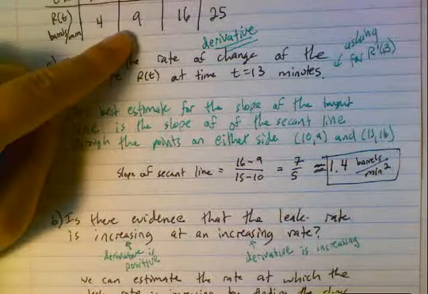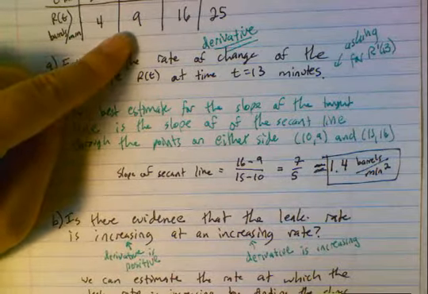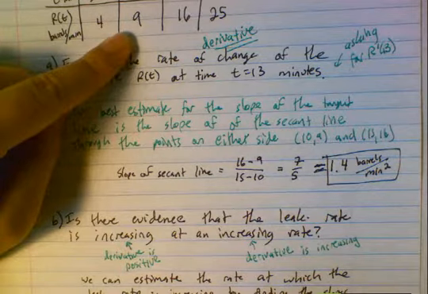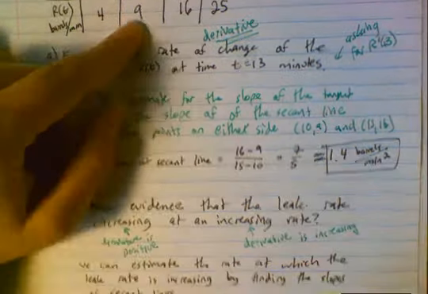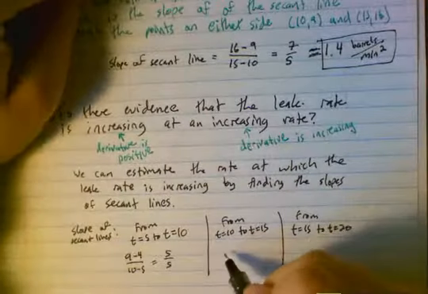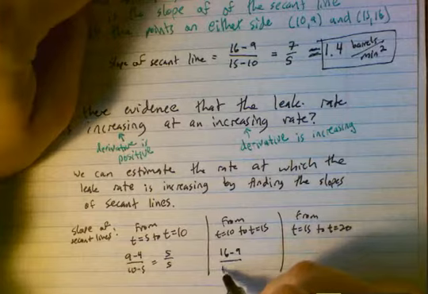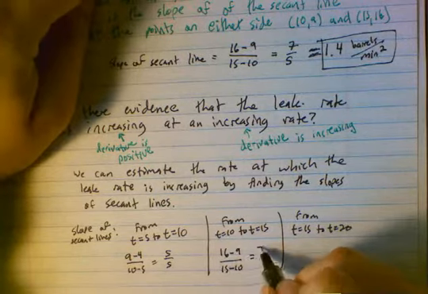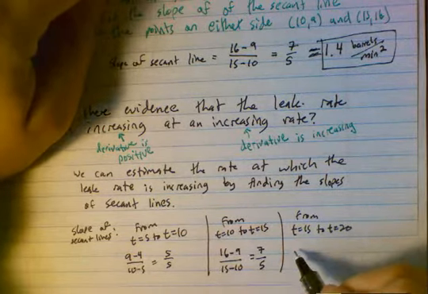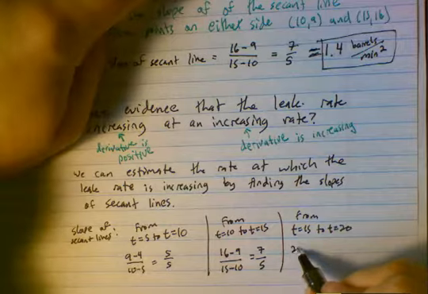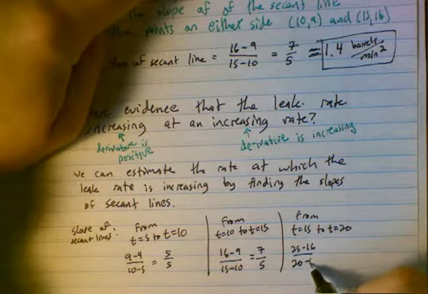So from 5 to 10, looking back at the table, change in y is 9 minus 4 over 10 minus 5, that's 5/5. From 10 to 15, I'm still just looking at the table, 16 minus 9 over 15 minus 10, that's 7/5. 25 minus 16 over 20 minus 15, that's 9/5.